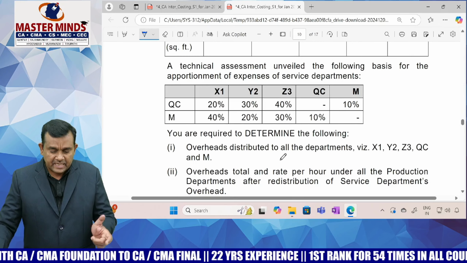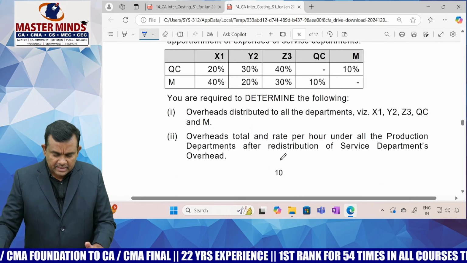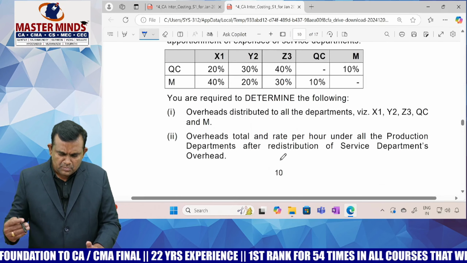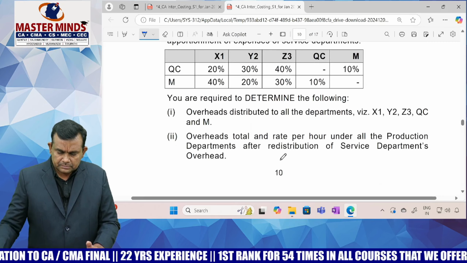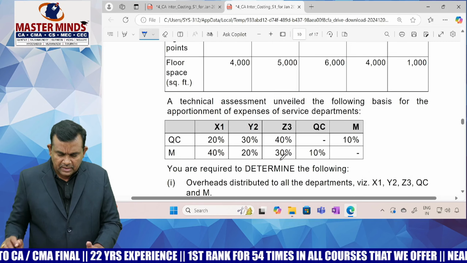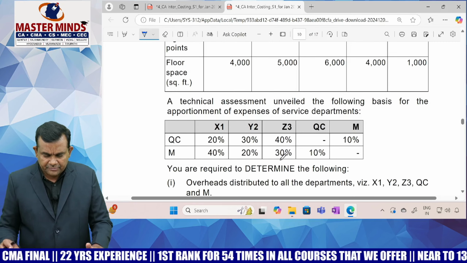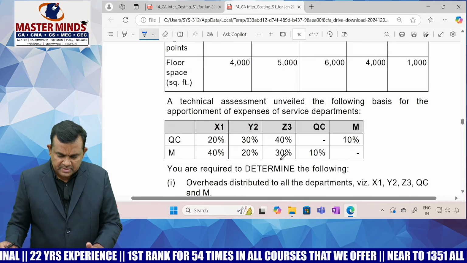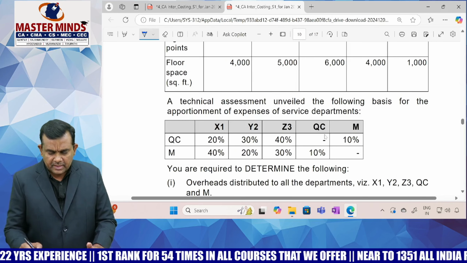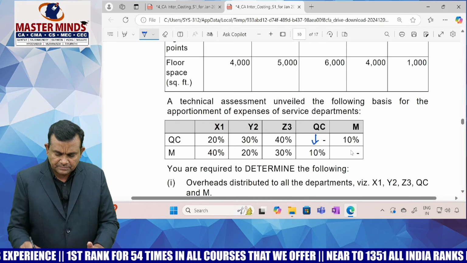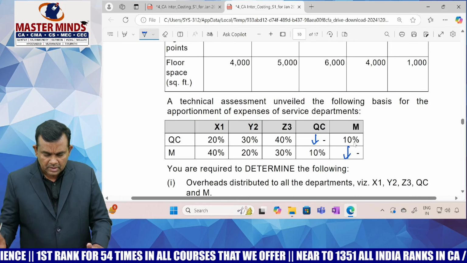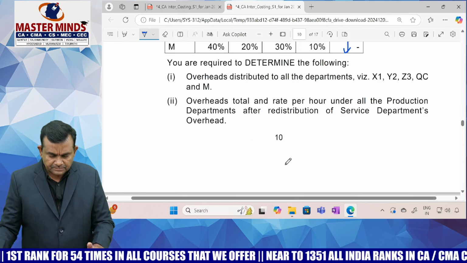Then second distribution. So here second distribution, sir. A technical assessment unveiled the following basis for the apportionment of expenses of service departments. So here this is the cross service, sir.